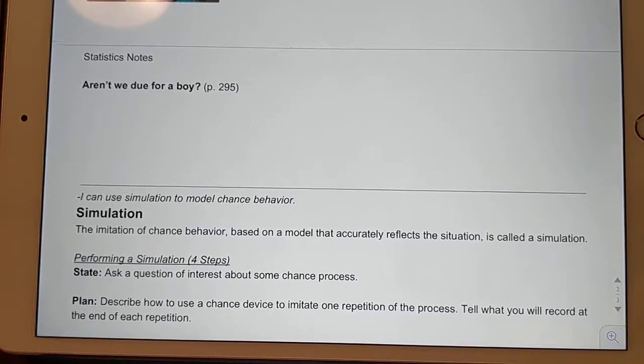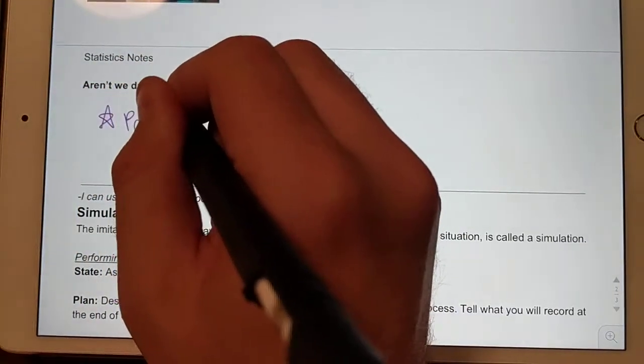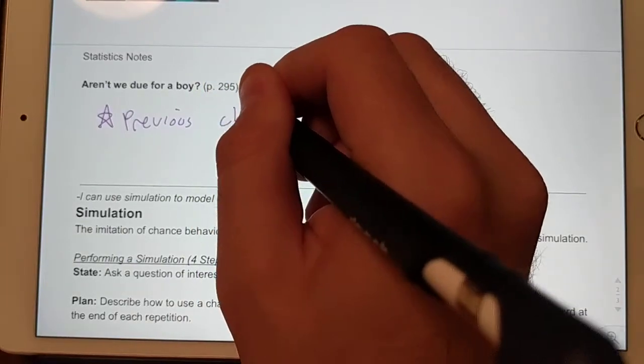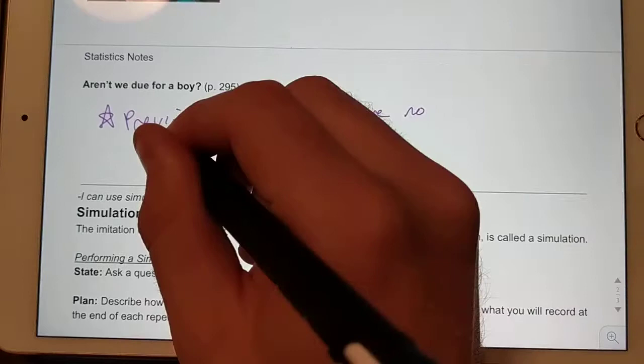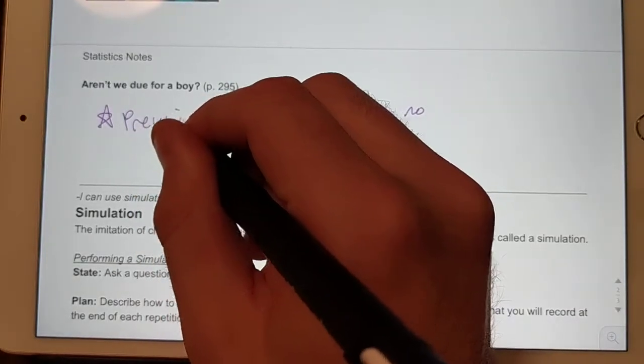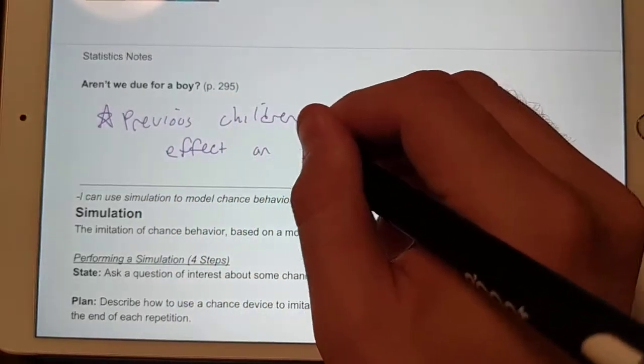Or the reverse happens, they want a boy and they have a bunch of girls. So families often have children until the desired sex of the child is had by the mother. But the big thing here is previous children have no effect on the next child.